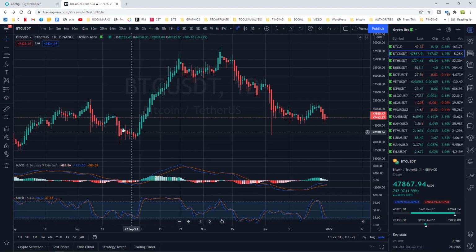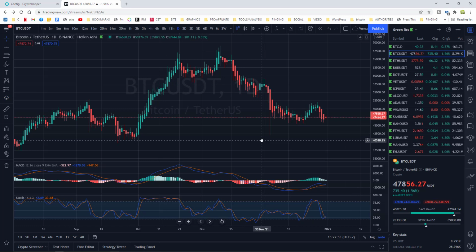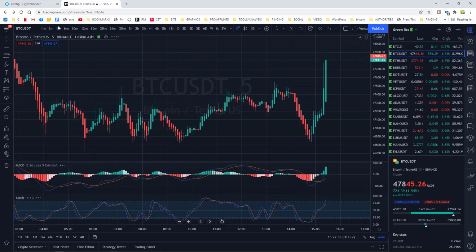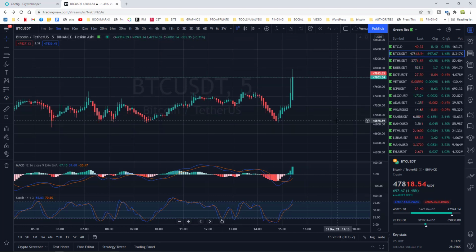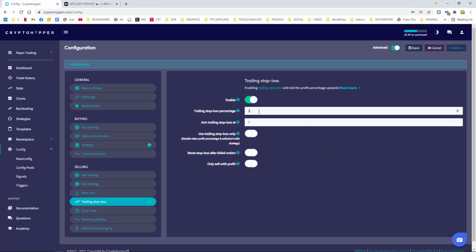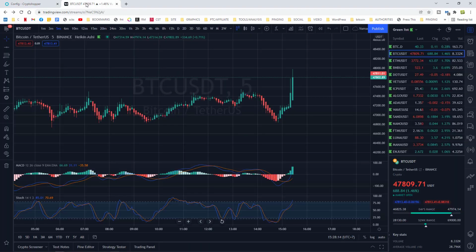conversely, if you have, say, on the 5 minute, I've got a bit of a pump on Bitcoin right now. Nice. Okay, so if you've got 2% here and 0.5% there, let's have a look for a good example.